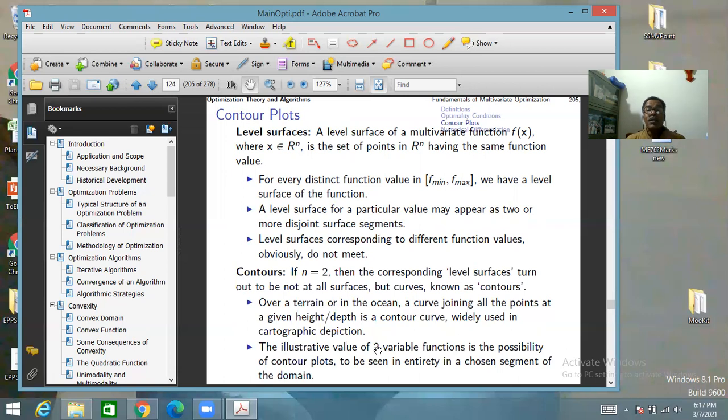Okay. Now, this plotting and visualizing is possible only in two variable functions, because 3D plots cannot be viewed with that clarity. And for high dimensional functions, you don't really know how to plot them appropriately. Okay. So, how is a contour plot made?